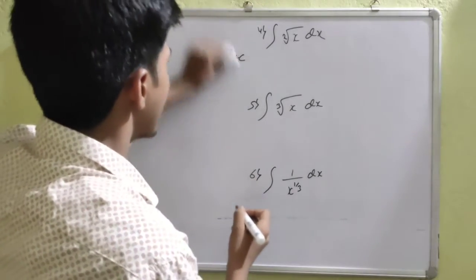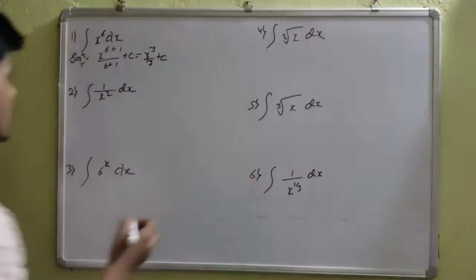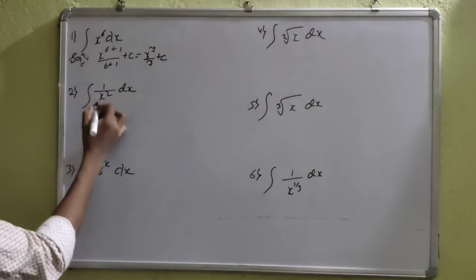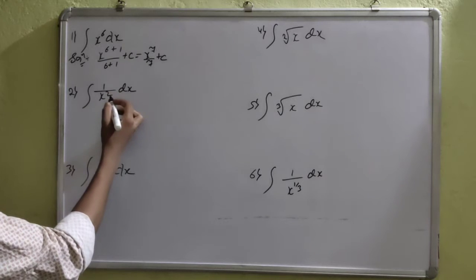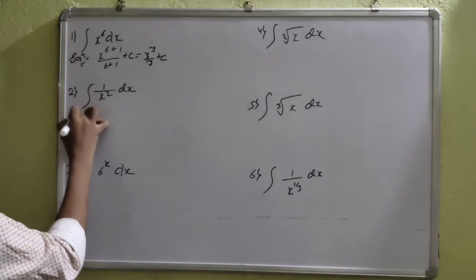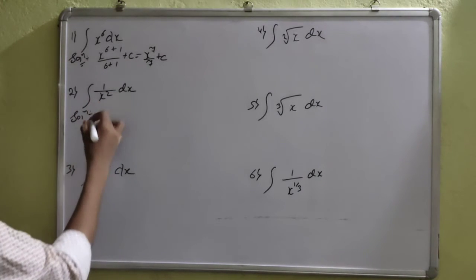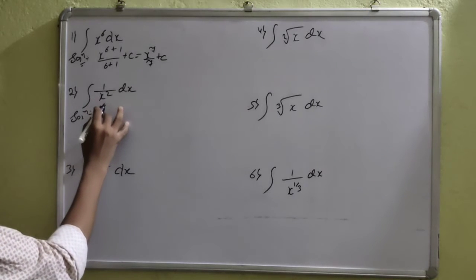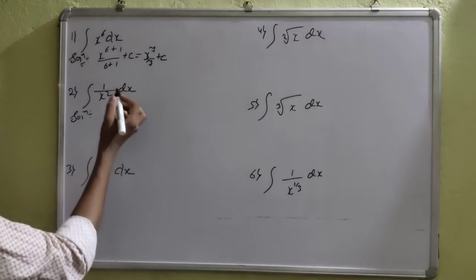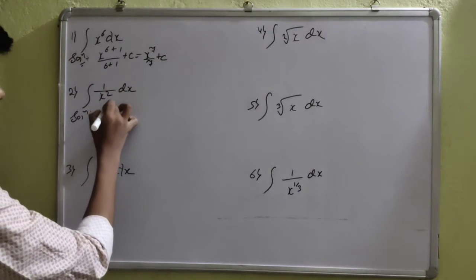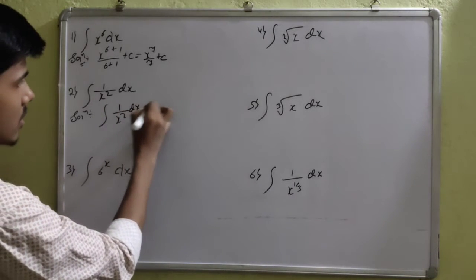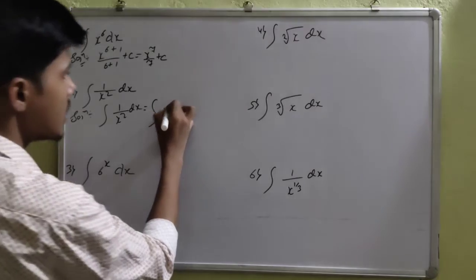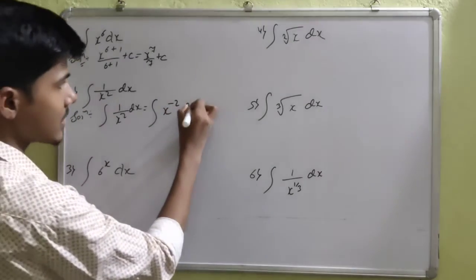Now we go to the second question, which is integration of 1 upon x to the power 2 dx. Solution: we can write 1 by x square as x to the power minus 2. That means integration of 1 by x square dx is equal to integration of x to the power minus 2 dx.